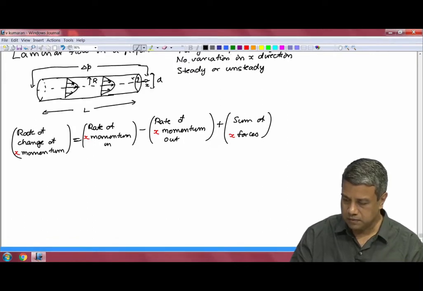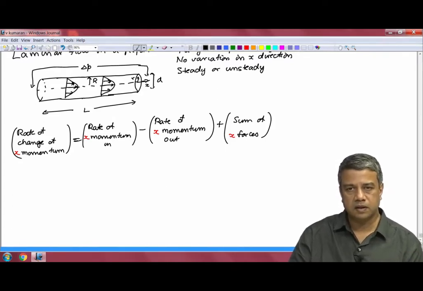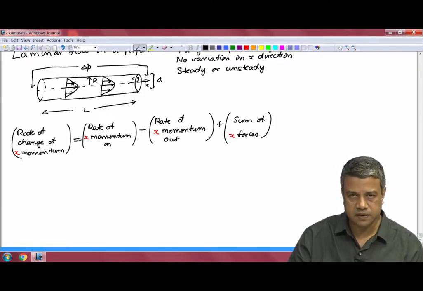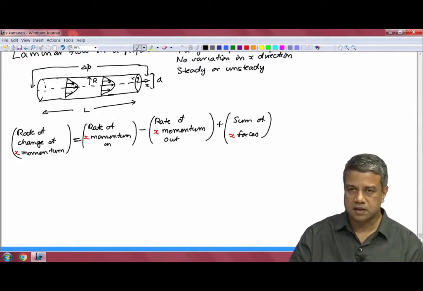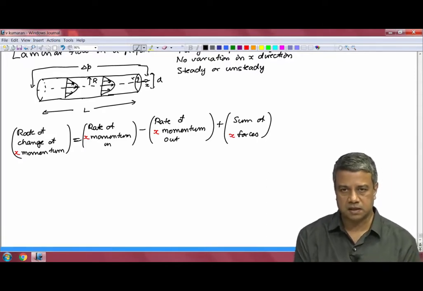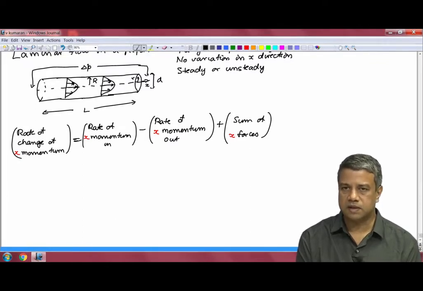And now we have to apply this to a differential volume. That differential volume has to be bounded by two differential surfaces which are surfaces of constant coordinate. In this case there is a radial variation in the velocity in the r direction. There is no variation in the velocity in the x direction. However, there is a variation in the pressure in the x direction.